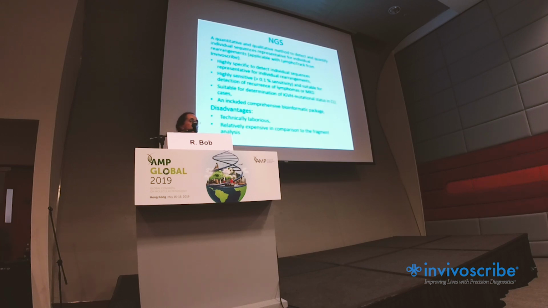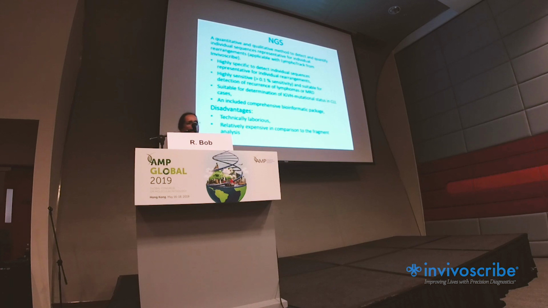The next technique, the miracle in molecular pathology labs, NGS, came, and Invivoscribe also made the kits, LymphoTrack, a very sensitive and very specific method, sensitive enough to track MRD and to diagnose MRD. You can also follow the specific sequences, and you don't have the pitfalls that we had with fragment analysis.